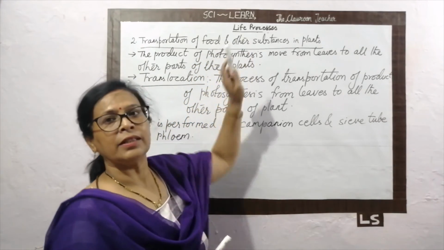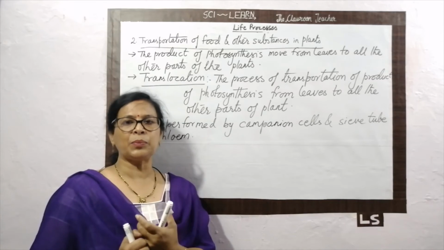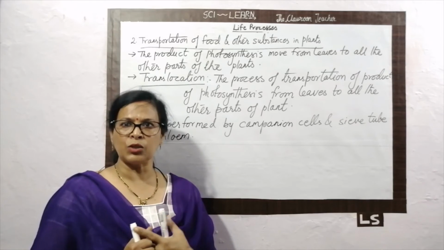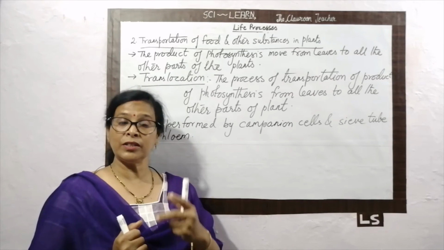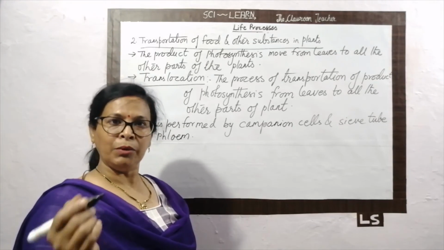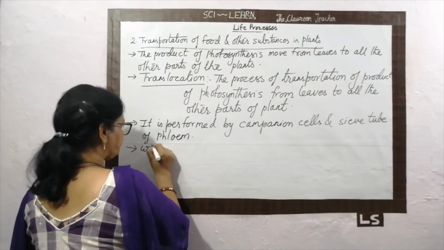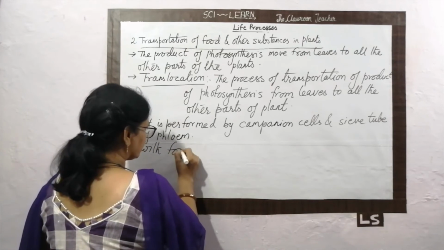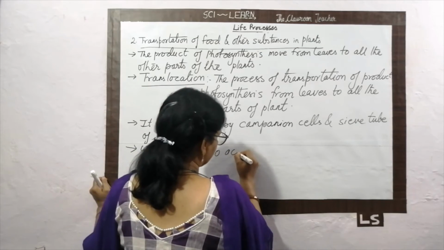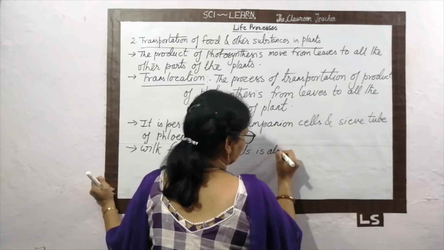But what is the other substance which is present in the plant? These other substances are actually amino acids. The other substance which is transported is the amino acid, which is very much important. It means with the food, amino acid is also transported. Amino acid, that is a form of protein, is also transported.